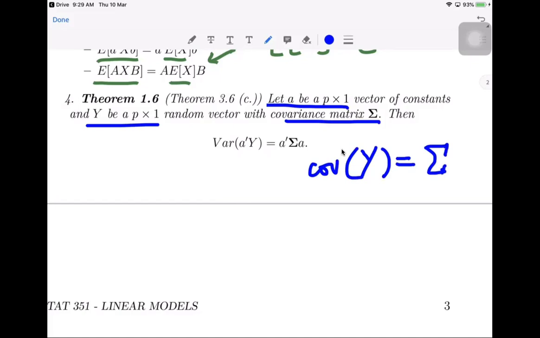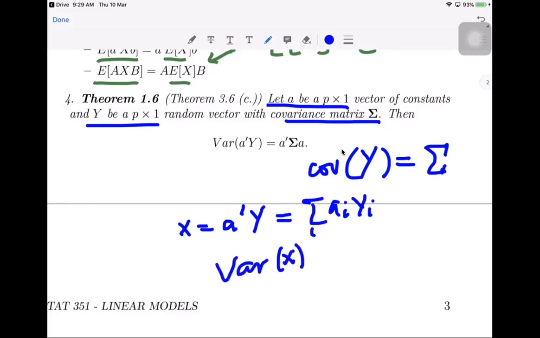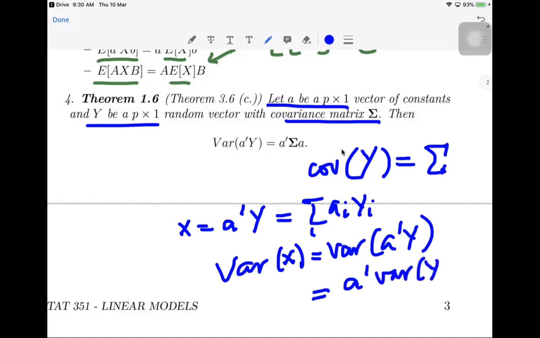So if you form a new random variable, say X, which is equal to A prime Y, you know that this is the summation of a_i y_i. And then if you get the variance of X, a new random variable of the form A prime Y, then this will be equal to A prime times the variance of Y times A, or that is A prime sigma A.